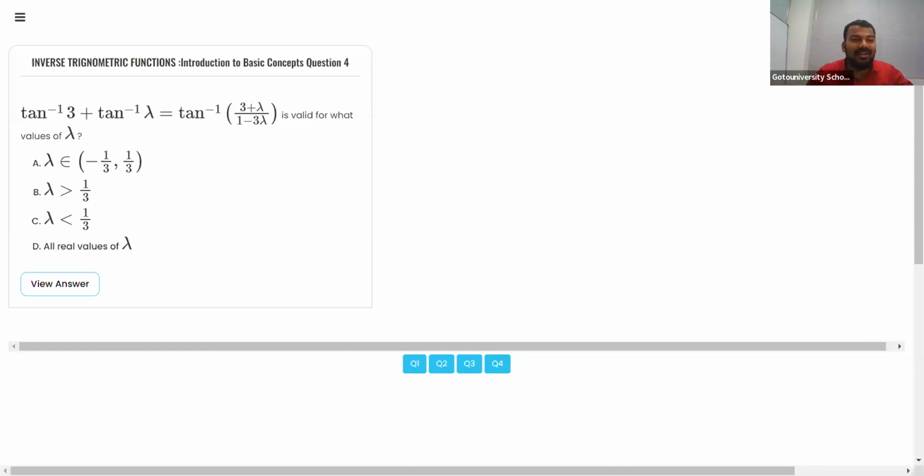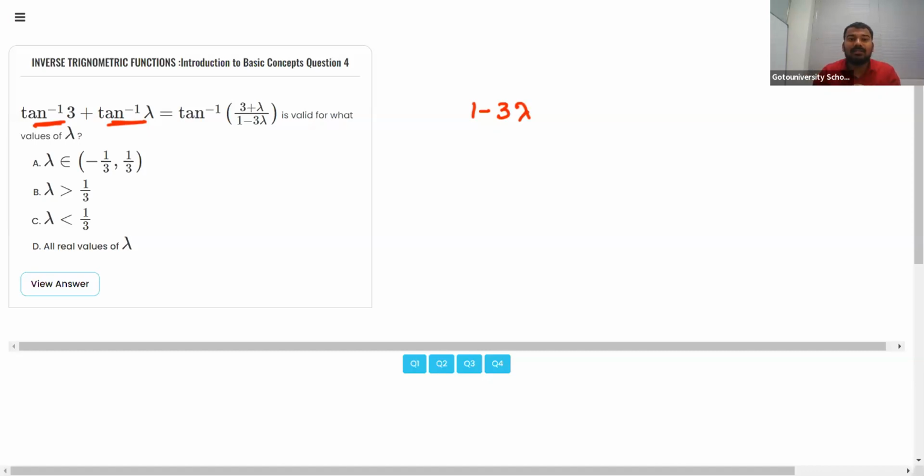No, because we have values here, tan inverse 3, tan inverse lambda, isn't it? So if the values are there, it means the values are there on the other side as well. So can I say 1 minus 3 lambda should not be 0? Isn't it? 1 minus 3 lambda should not be equal to 0.